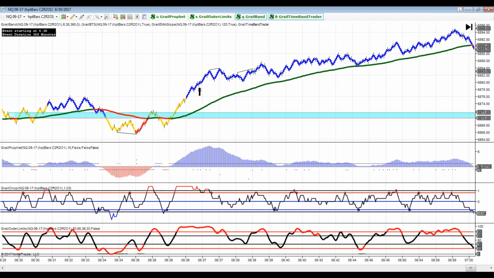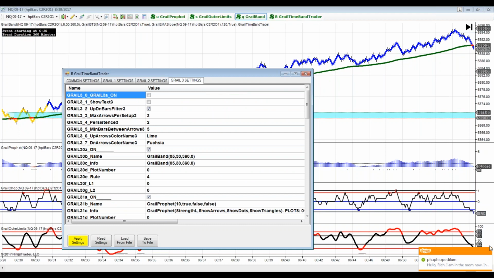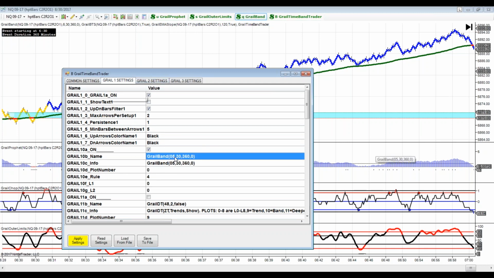That's because the Grail Time Band Trader has its own times that you need to put in. I believe the default is 5:30. If you want to use Grail 1, Grail 2, or Grail 3, you need to change your time.